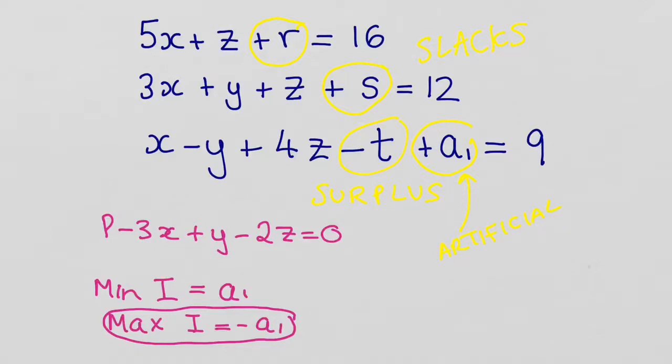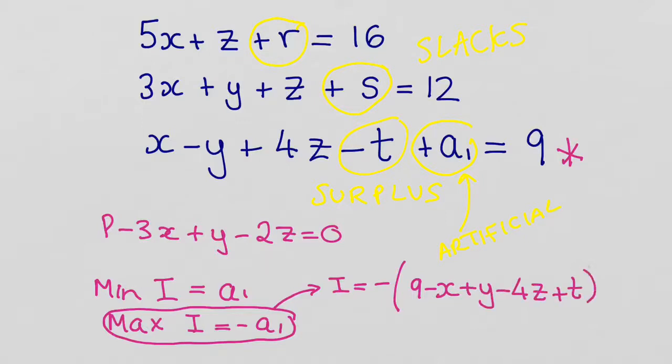Because I need to now replace A1 with a rearrangement of this. So I'm going to rearrange it so A1 is by itself. Okay? So it's going to be 9 minus x plus y take 4z plus t.